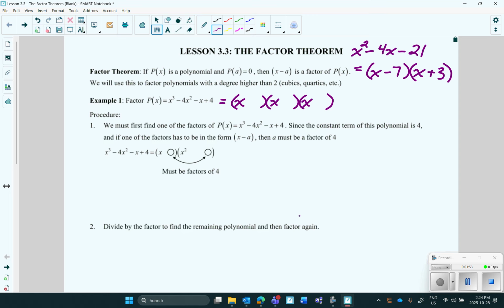And the work that we have to do involves what we did in the last lesson on the remainder theorem, and something called the factor theorem, which I talked briefly about yesterday.